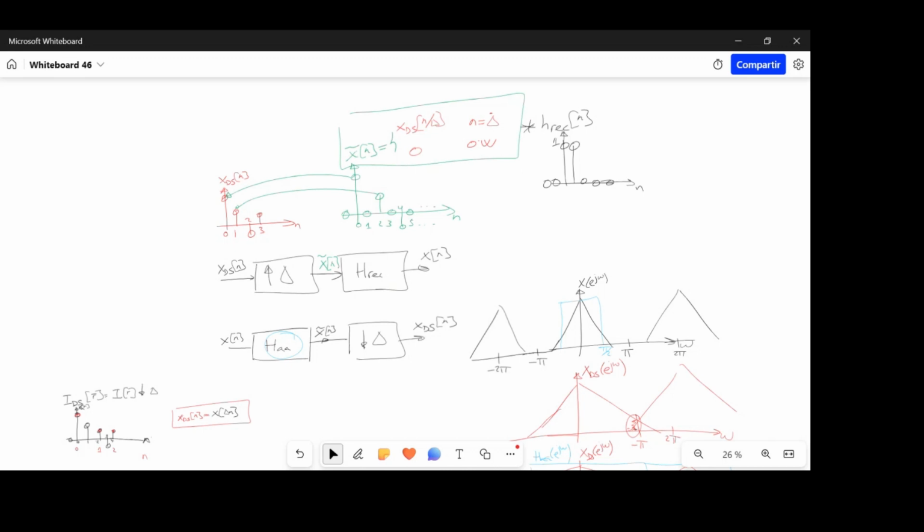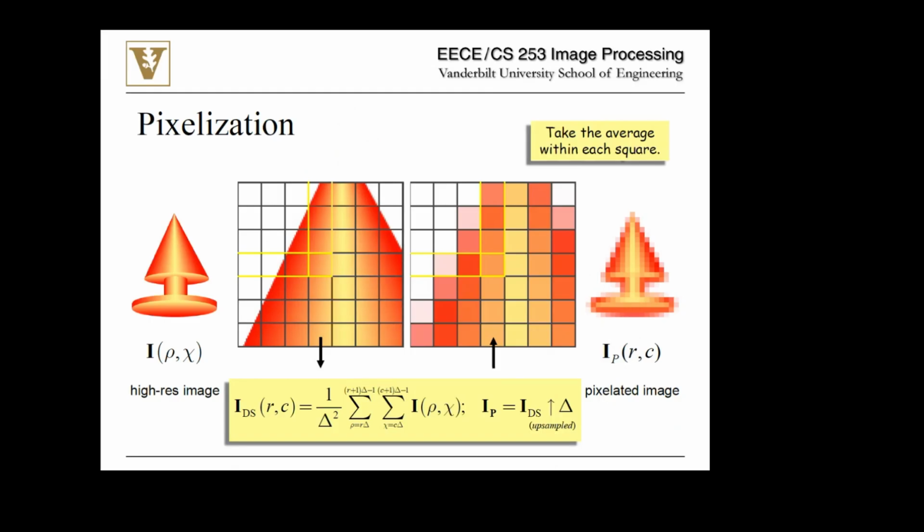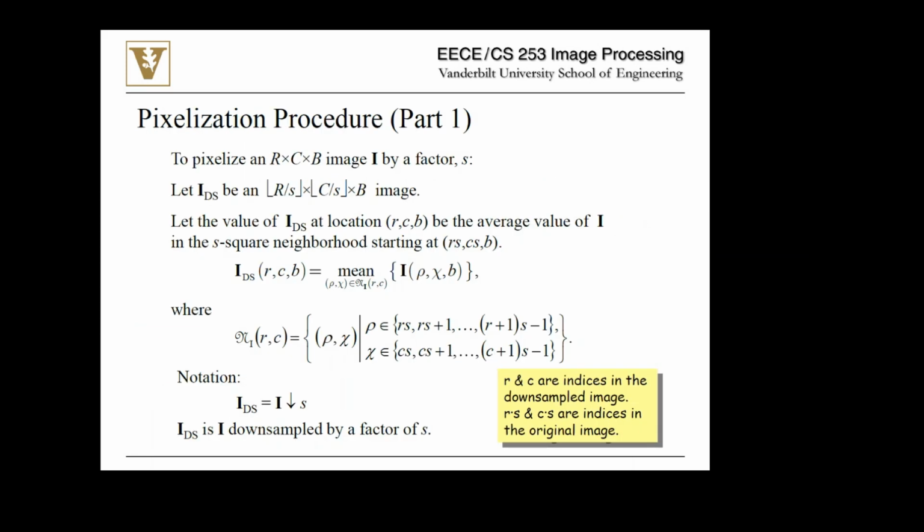So this copying is a small reconstruction filter. He's not explaining these operations in the way I have done it, but they are totally equivalent. So here we see the anti-aliasing and the downsampling at the same time.